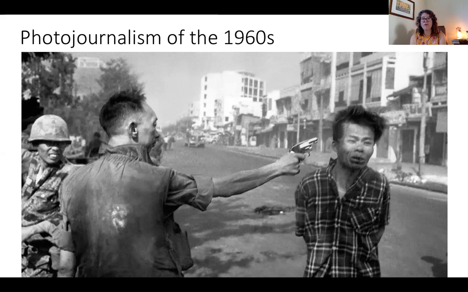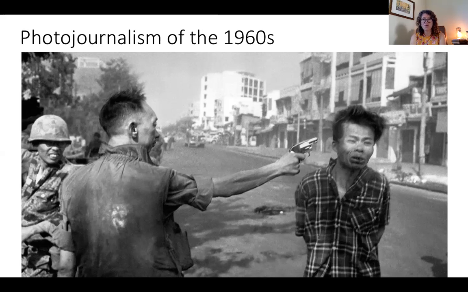Now the image before you is a black and white photo that was taken by Eddie Adams, who was a photojournalist for UPI during the Vietnam War. And this particular image ultimately became reproduced by anti-war activists, and it was one of the main images that shifted public opinion around the Vietnam War.